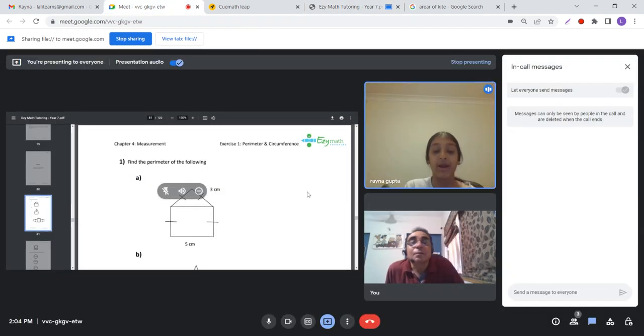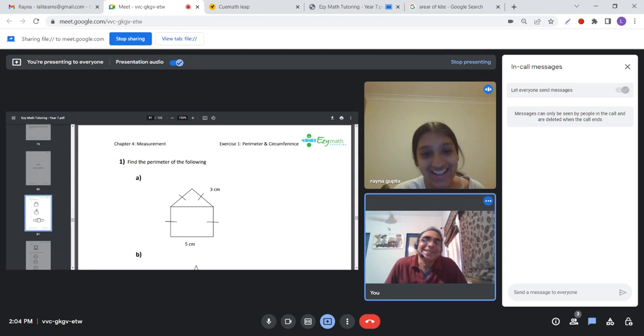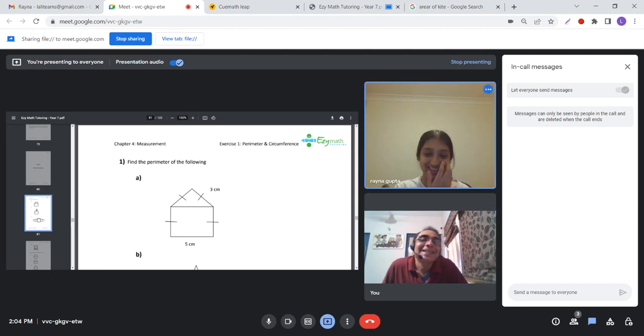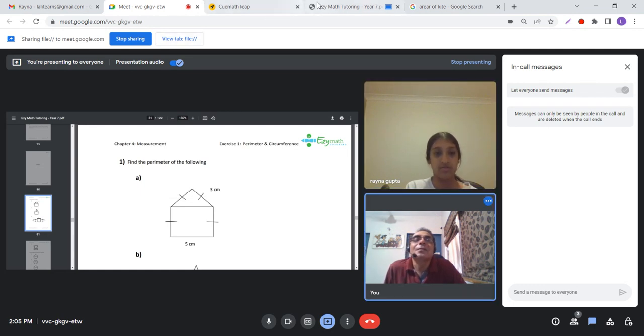Oh wait, Raina, that was the easiest question I started with. We covered perimeter and circumference, area also. We need the perimeter. 21. Okay, that was a good start.